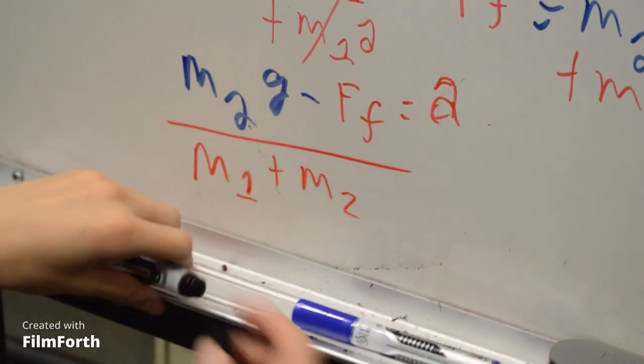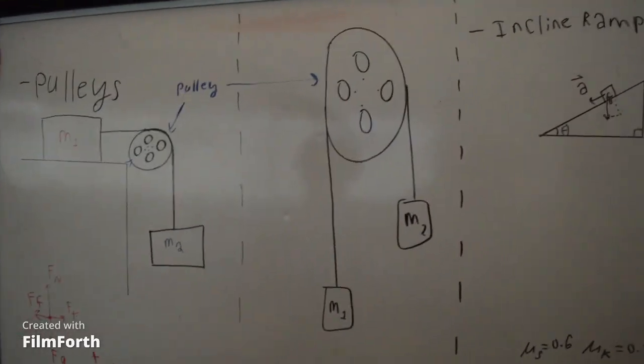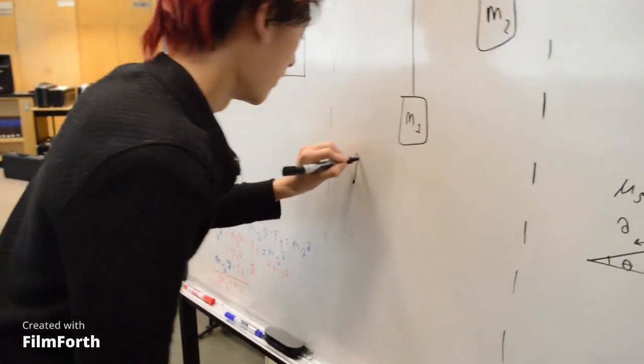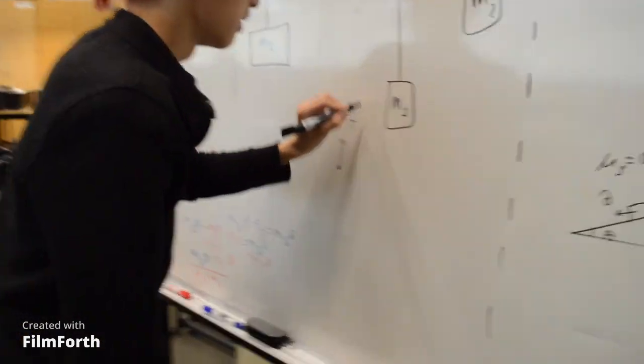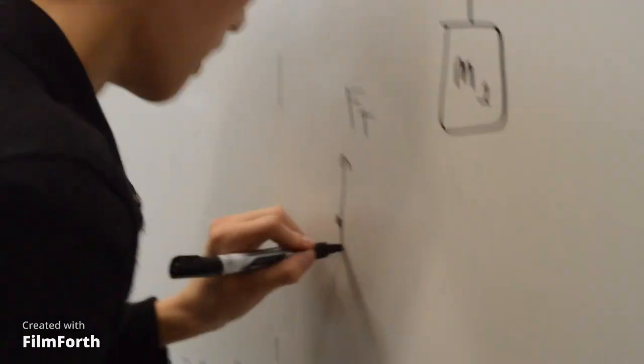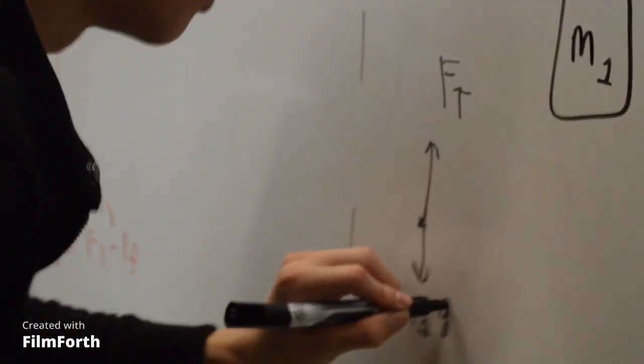Now that we got this down, let's go to our second pulley, this one. So let's see the forces acting on M1. We have tension, and we have its weight, M1G. Now, I notice that M1G is going more down and M2 is going more up.